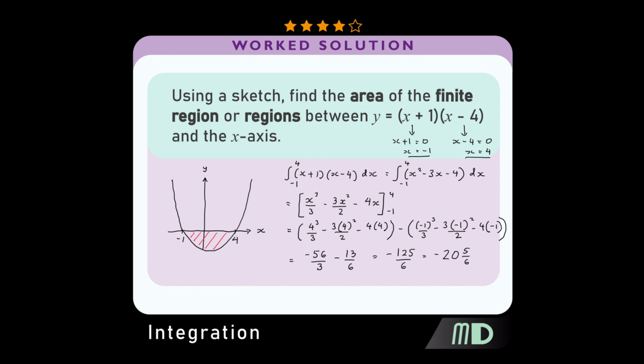The minus sign indicates that this value represents an area below the x-axis. So the absolute value for the area is equal to 20 and 5 sixths. So the area of the region between the curve and the x-axis, and the answer to this question, is 20 and 5 sixths.